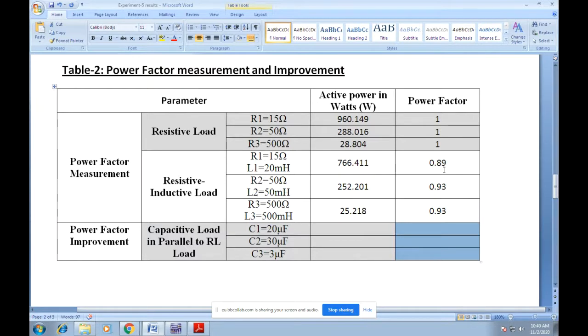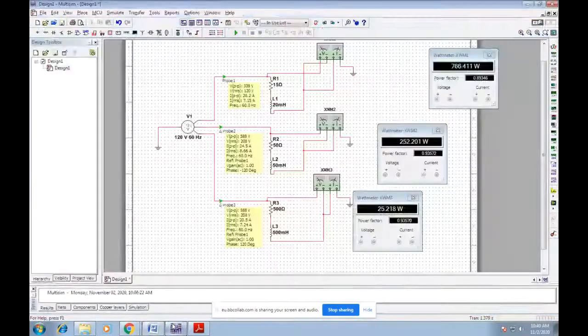Here it is 89%, 93%, 93%. All three of them are less than 95%. So you have to use the load such that the power factor will be 95% minimum. So we will add the capacitor such that the power factor improves to an acceptable value. Let us do this again.